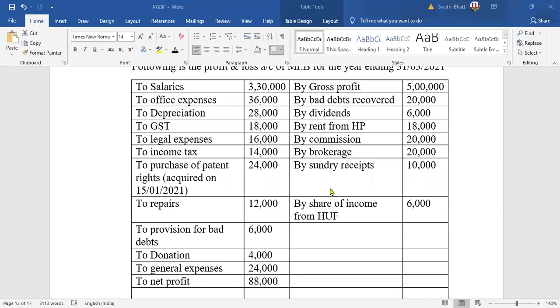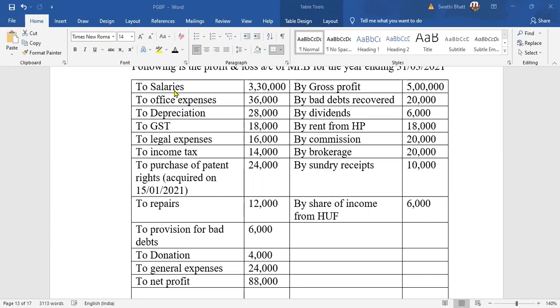So you will have to look at each item and decide whether it is admissible, or in other words, whether it is allowed or disallowed according to Income Tax Act. Now, the rule is pretty simple. Any expenses which are genuinely not related to the business are disallowed. Only items which are exclusively related to the business will be allowed.